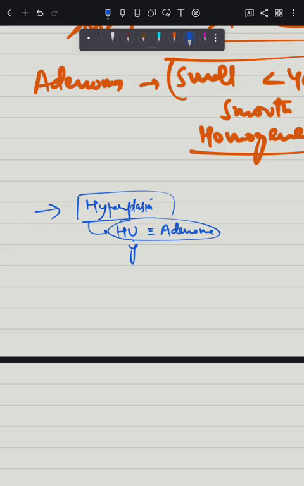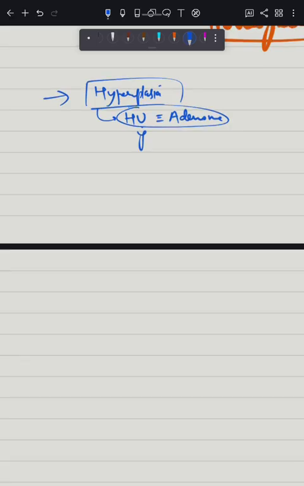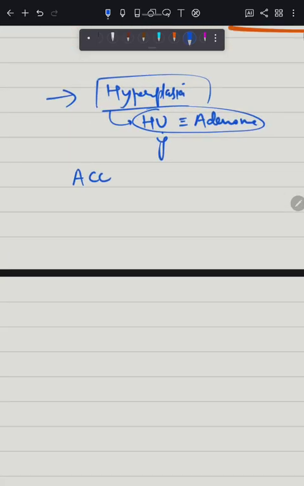Now we have adrenocortical carcinoma, ACC. Note that adenomas were less than 4 centimeters, but this is usually 4 to 6 centimeters, and it is irregular and heterogeneous.